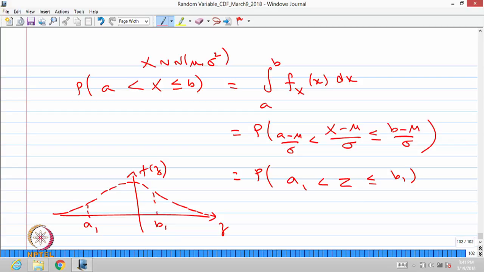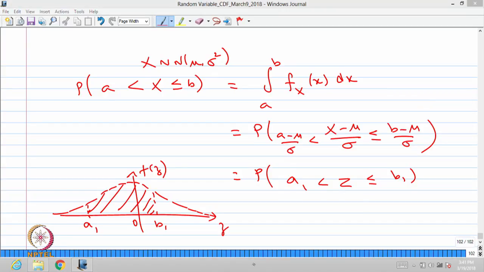So z lying between a1 and b1 is nothing but this shaded area. The way I have taken it, a1 is to the left and b1 is to the right of 0, and you know that it is symmetric about z equal to 0. Therefore, the left side area is 0.5 and the right side area is 0.5.